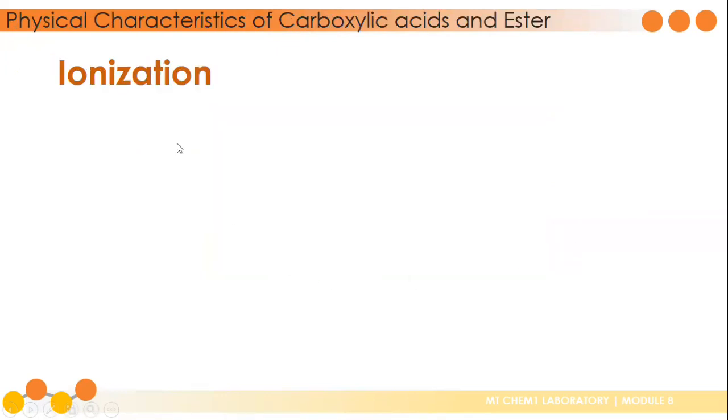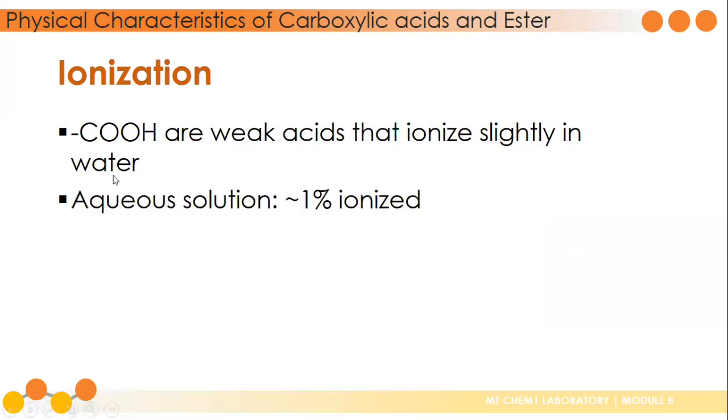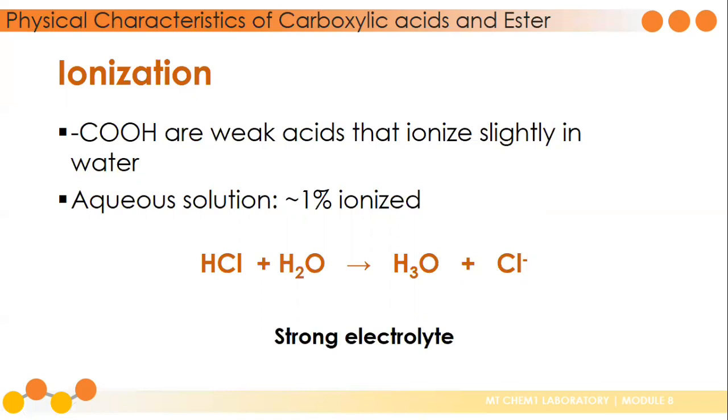So what causes this ionization of the acids? We have to remember that carboxylic acids are weak acids that ionize only slightly in water. In an aqueous solution, only 1% is ionized. So when adding hydrochloric acid to water, it will produce strong electrolytes because hydrochloric acid is a strong acid.